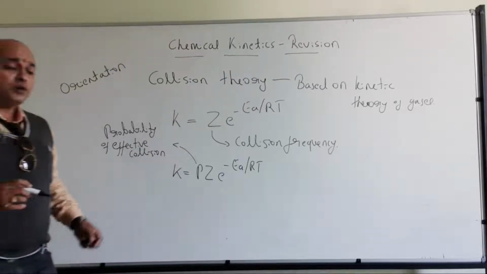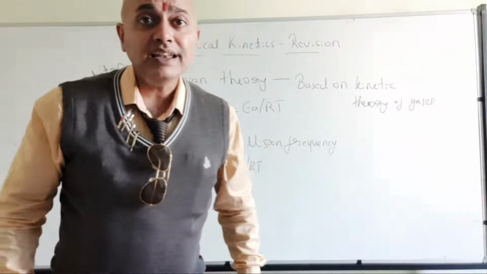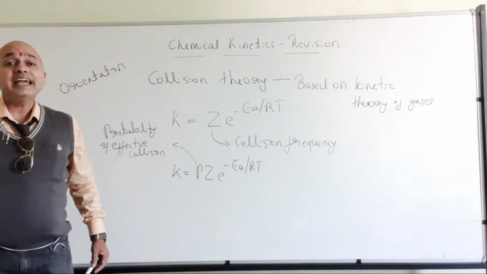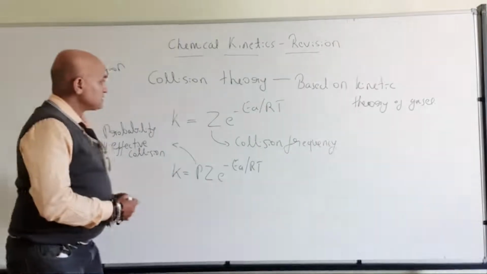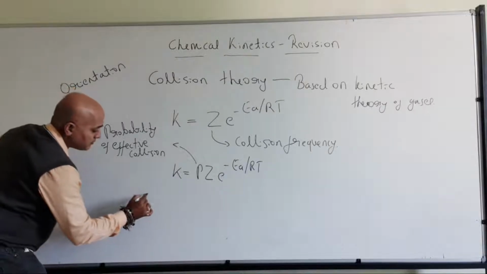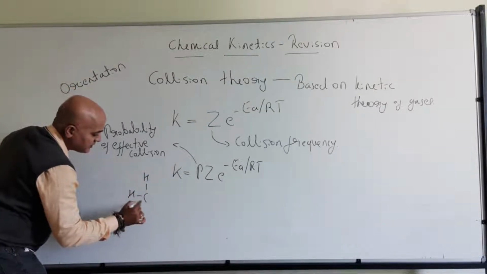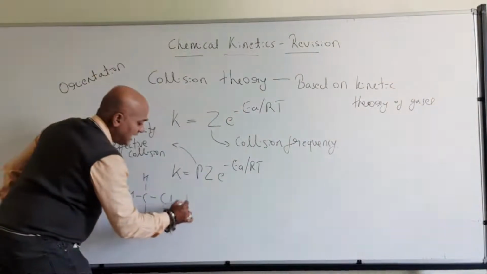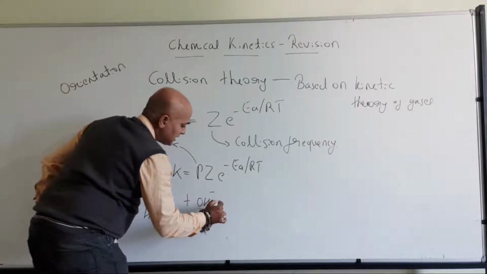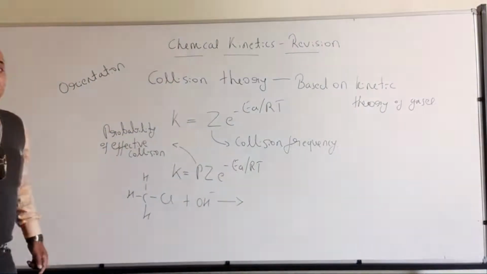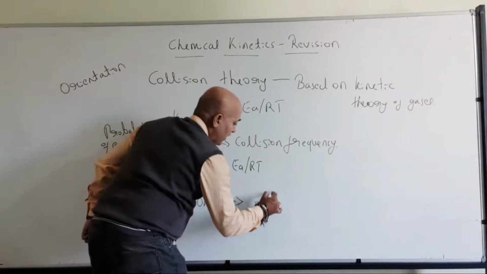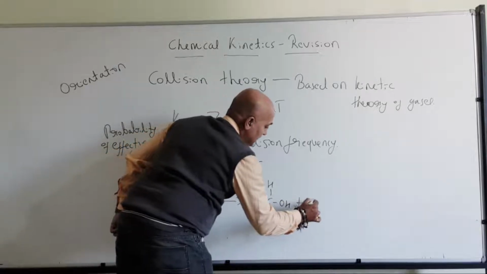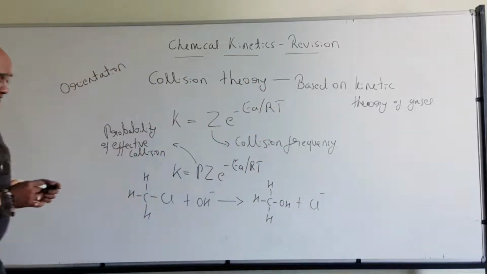If you go back to organic chemistry, the haloalkanes and haloarenes topic, we have discussed SN1, SN2 reactions, right? We have methyl chloride which reacts with OH minus under basic condition and gets converted into methanol. Another product will be chloride.